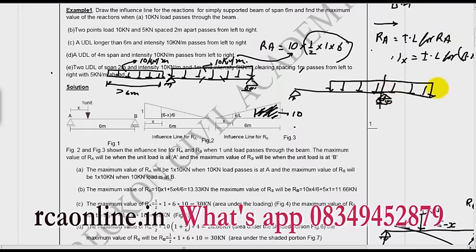This load has already left the span, so it will not contribute into the RB. So this value will be less. So whenever I have UDL longer than span, then I will occupy it to the full length. It means that the area should be maximum. By UDL, the maximum area should be covered. So for that condition, we have to put the UDL on the entire beam.